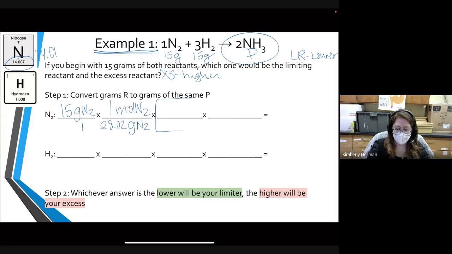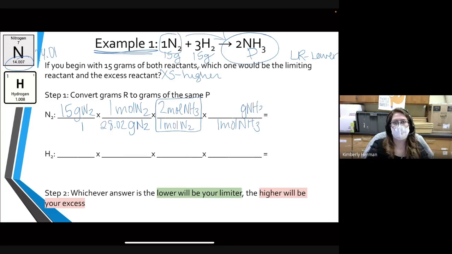Now, our third step is where we're going to transition from our N2 to our NH3. So we'll notice we have 1 mole of N2 on the bottom, and we'll have 2 moles of NH3 on top. So we'll need 1 mole of NH3 on the bottom, and then we're going to have to find how many grams are in NH3.